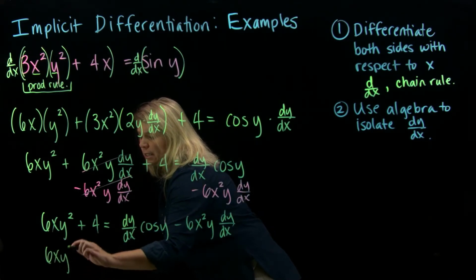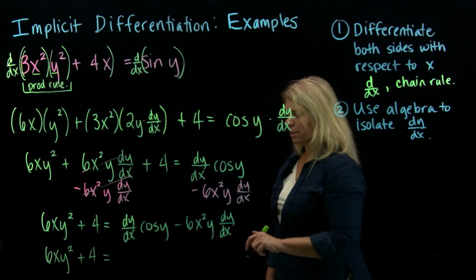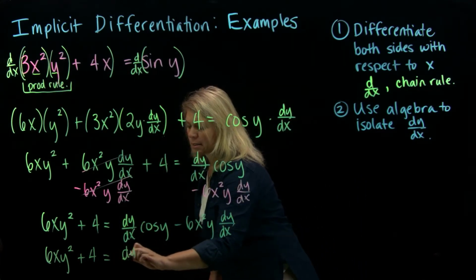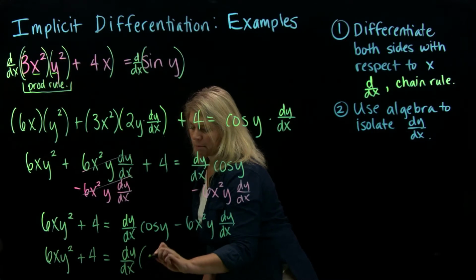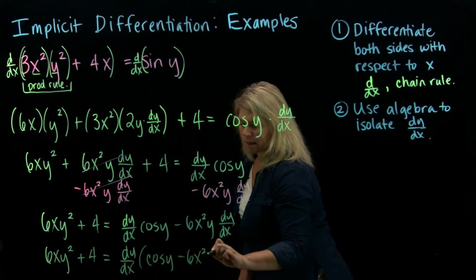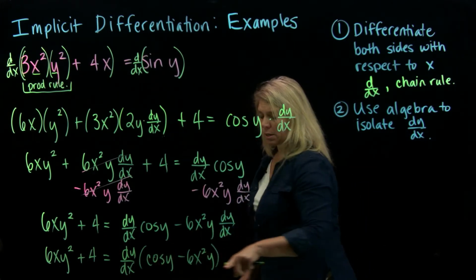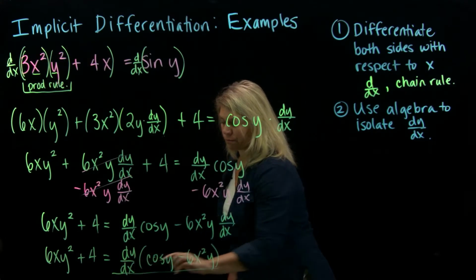So we'll have 6xy squared plus 4 equals. On this side of the equation, I'm going to factor out the dy/dx, and I'm left with cosine of y minus 6x squared y. My goal is to solve for dy/dx, so I'm going to divide through by this factor here.